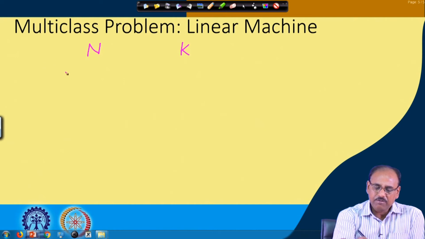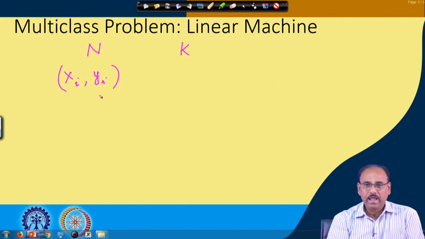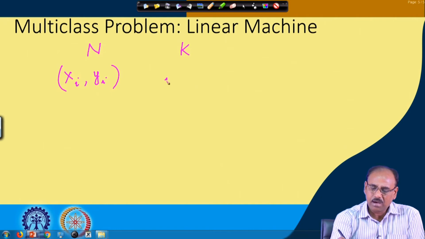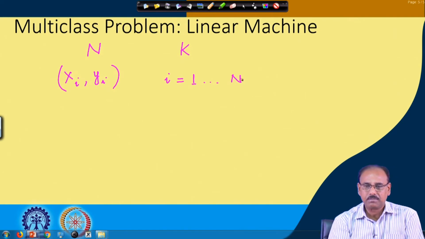So, a training vector is given in the form x I, y I, as I have n feature vectors given for training. So, this I will vary from 1 to n.